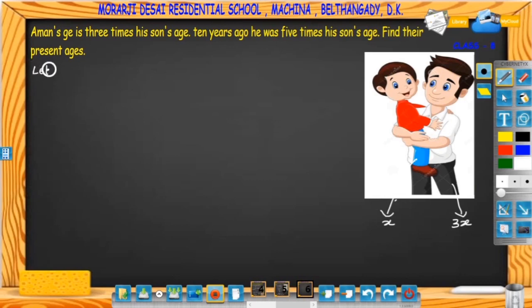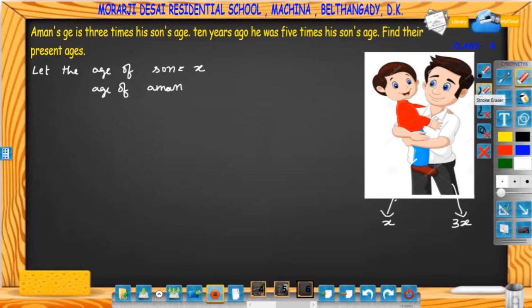Let the age of son be x, and the age of Aman be 3 times x, that is 3x.